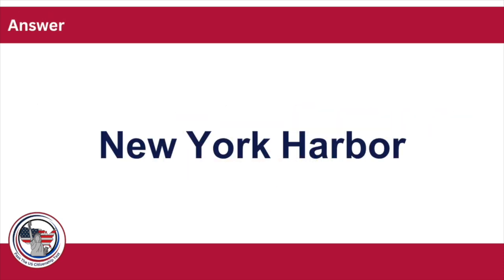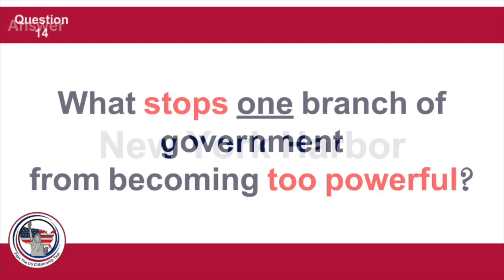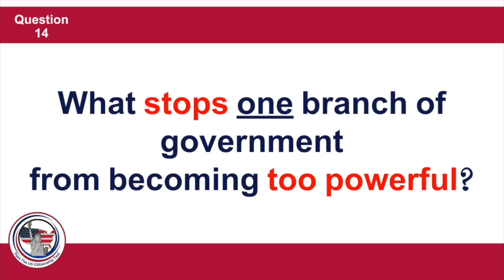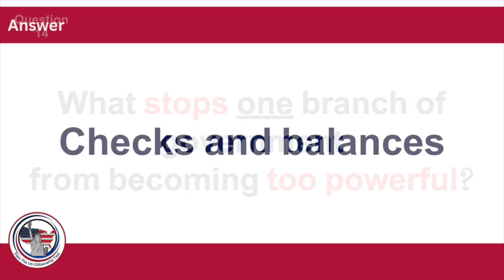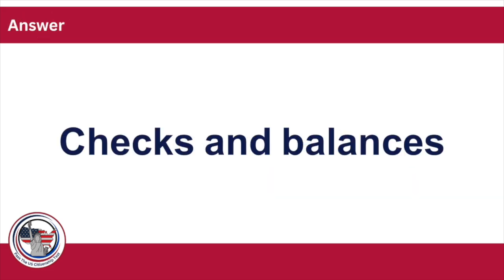New York Harbor. What stops one branch of government from becoming too powerful? Checks and balances.